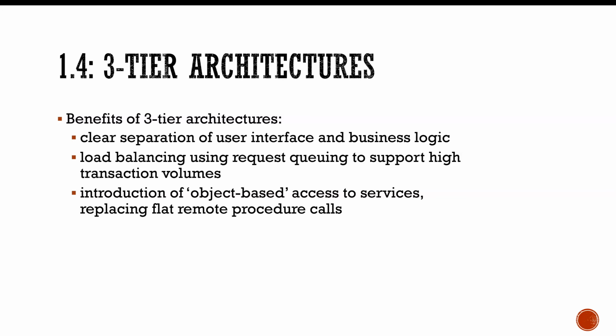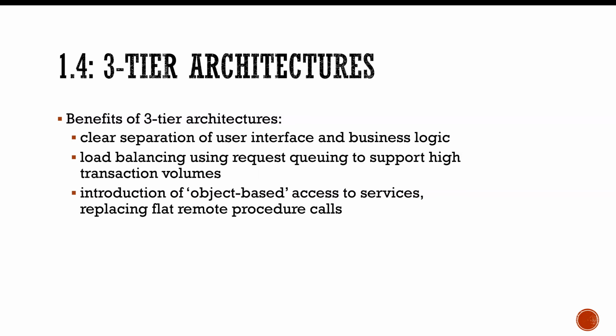Load balancing typically was part of it to manage the high transaction volumes. Server farms and load balancing servers are part of what happens with a 3-tier architecture. 3-tier and/or N-tier, multiple tiers. 3 or more tiers is what we're used to today.